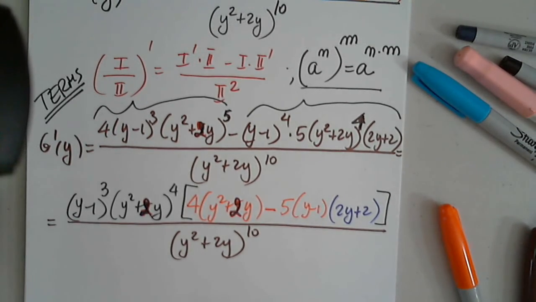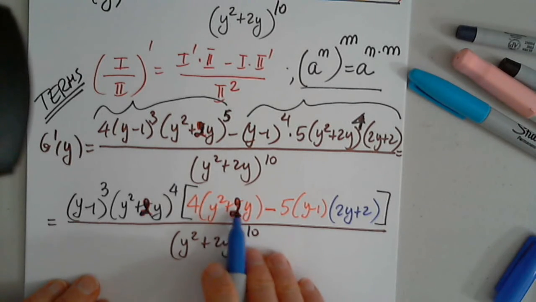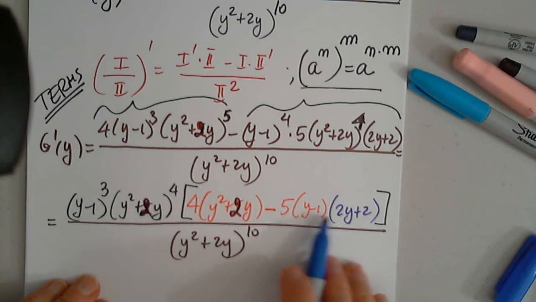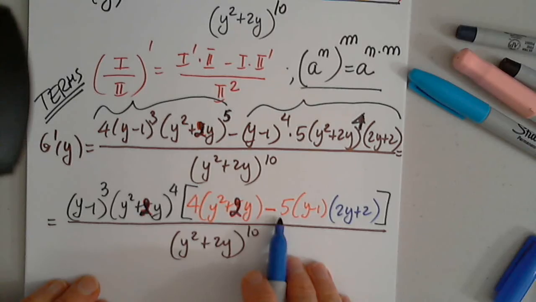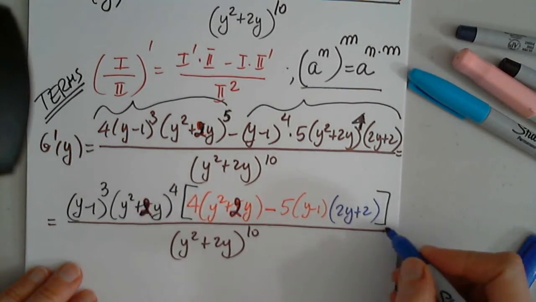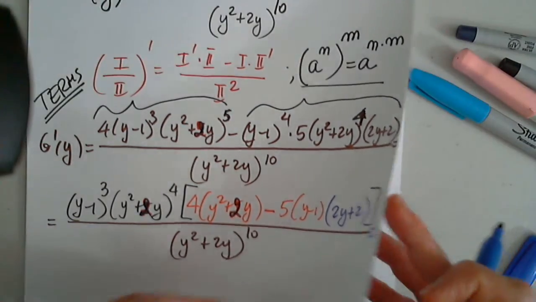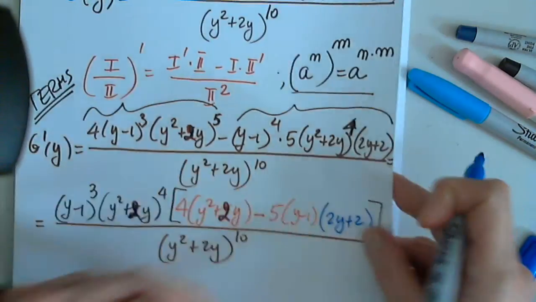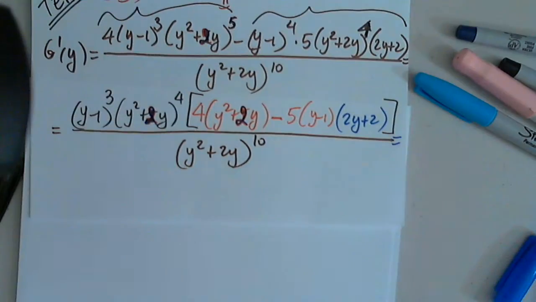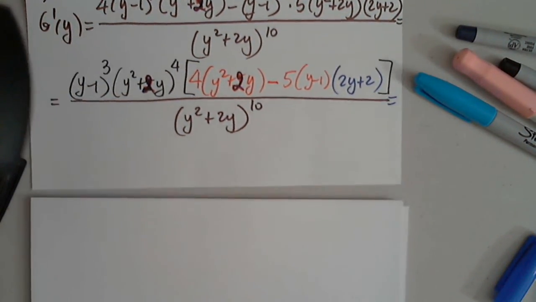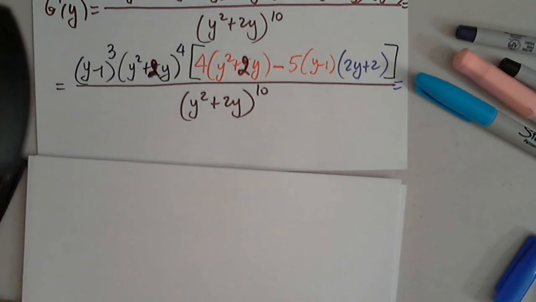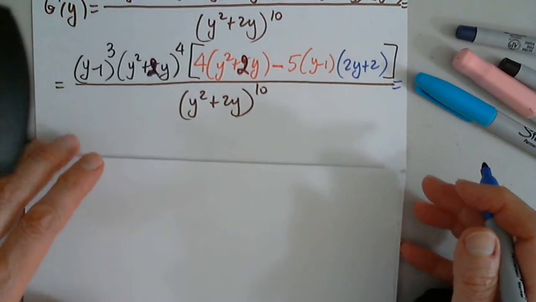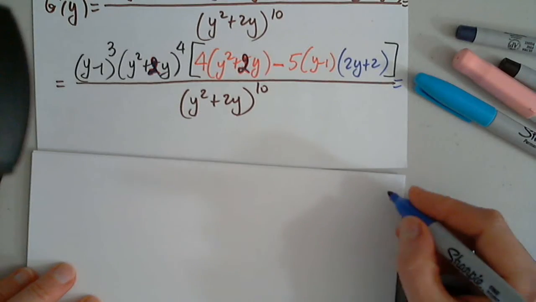Good. So now in brackets, we have to distribute whatever we need. The 4 in here, multiply these 2 and distribute the -5 and simplify fully. Any questions? Everyone with me? Yes.